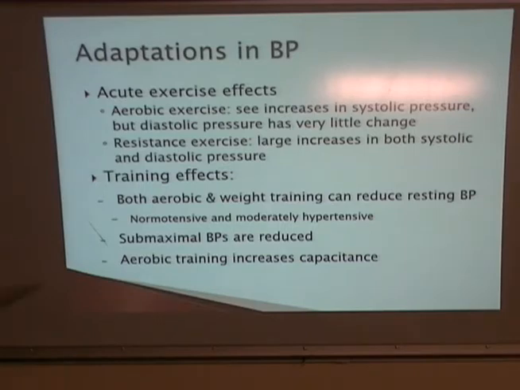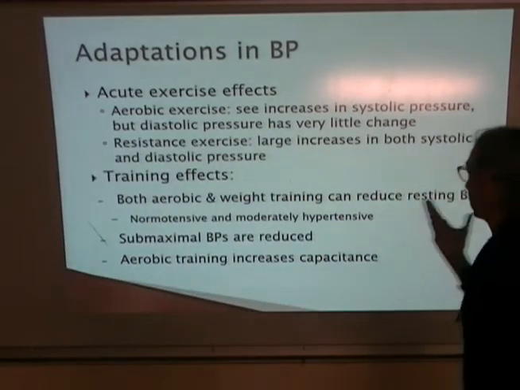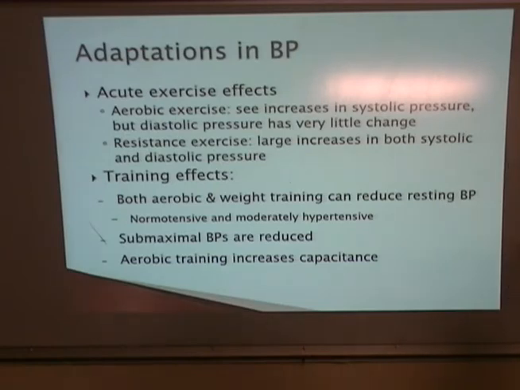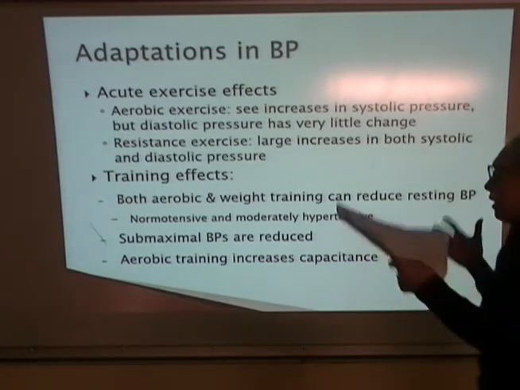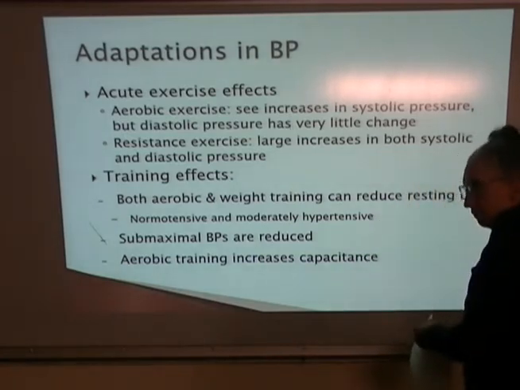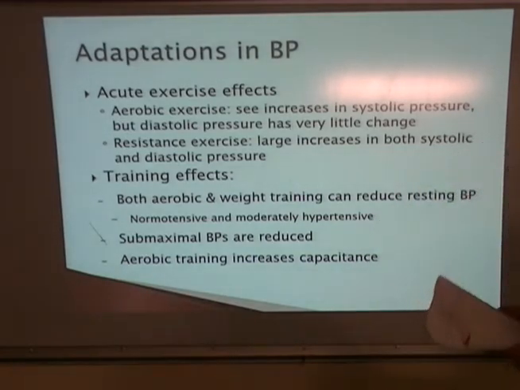Okay, so I mentioned that there were some changes in blood pressure, so let's have a look here. If we are looking at an acute situation, so I get up and I go and exercise, then with aerobic work, we see an increase in systolic pressure up to maybe 250 millimeters of mercury from our 120.